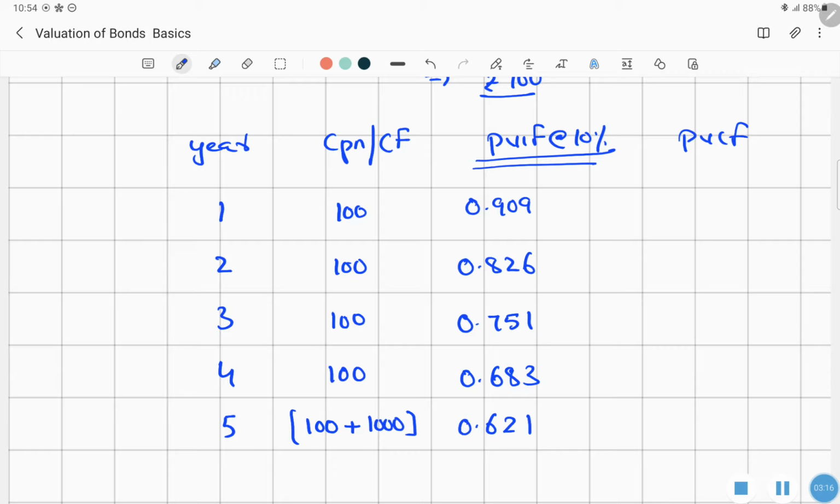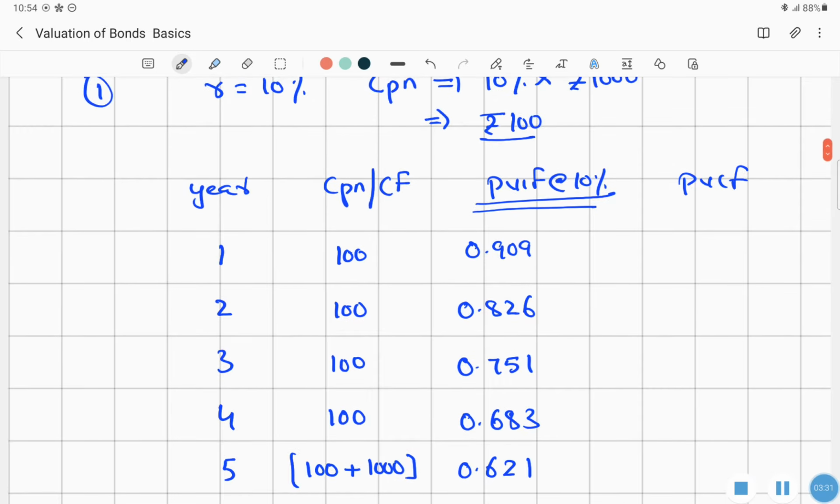So now I have calculated the present value interest factor for the first year, second year, third year, fourth year and fifth year with the help of the BA II Plus calculator. Now we will be multiplying the coupon amount with the interest factor, and then we'll get the present value of cash flows. So I'll call this column 1, this column 2, and we'll be multiplying 1 into 2.